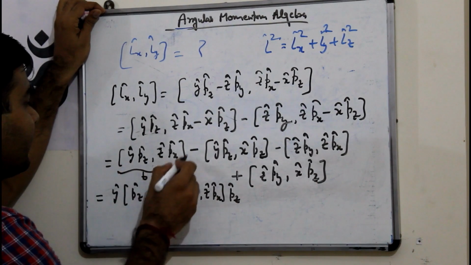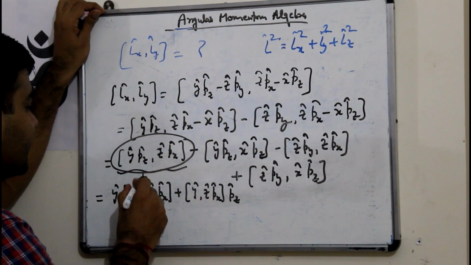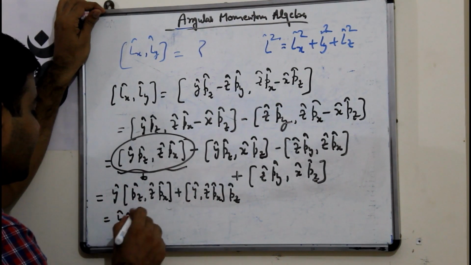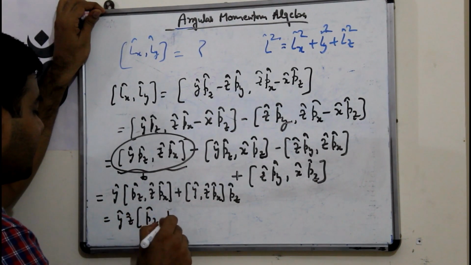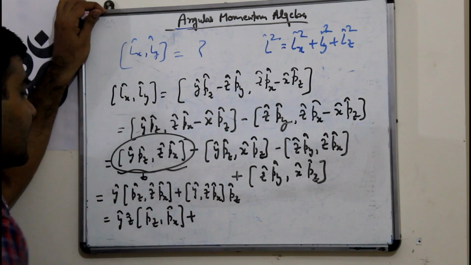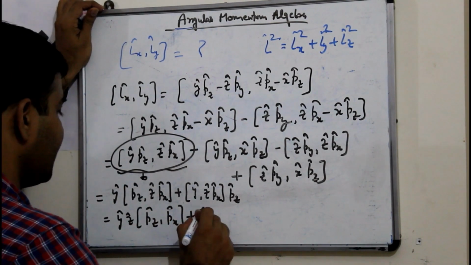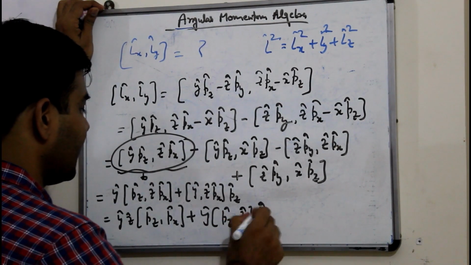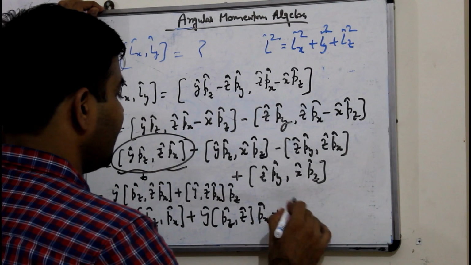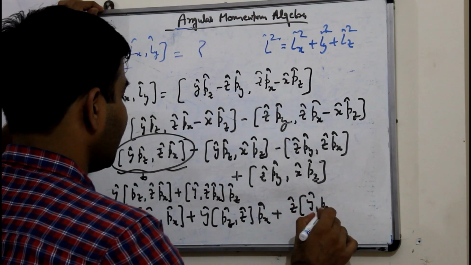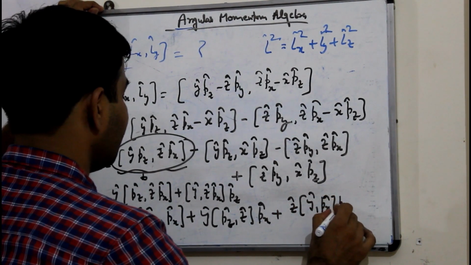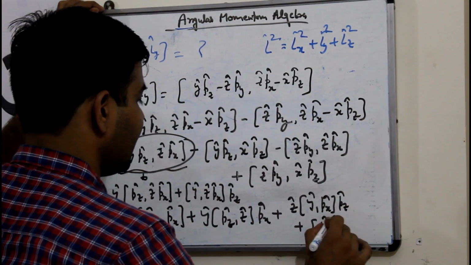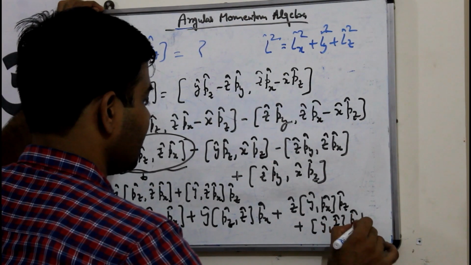So I am solving this separately. When I solve this separately, I get y hat z hat from here, [pz hat, px hat] plus y hat [pz hat, z hat] px hat, and plus z hat [y hat, px hat] pz hat plus y hat [z hat, px hat] pz hat.